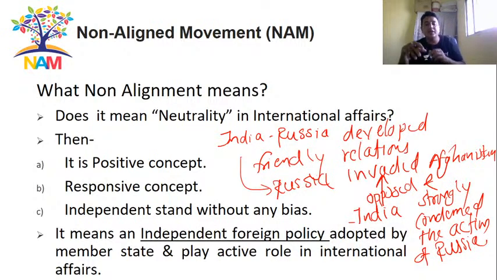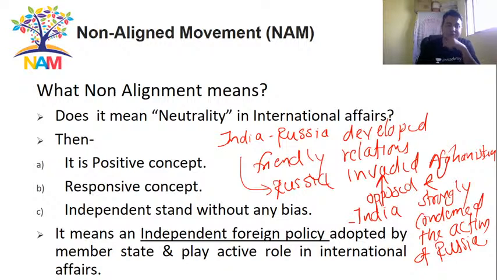Prejudice would be like this: how can we react against Russia? Russia is our friend. Russia supported us in the time of crisis and all. So we have to support them. It is not at all the case. If it is based on justice, then we are going to support you. If it is based on truth. But if you are wrong, definitely we are going to react against you.